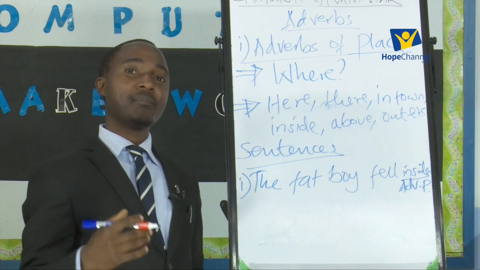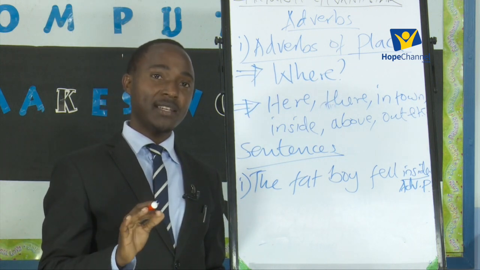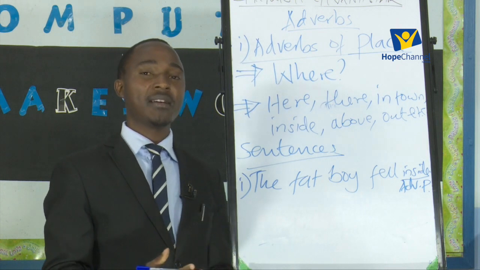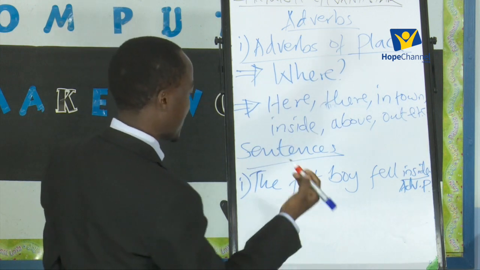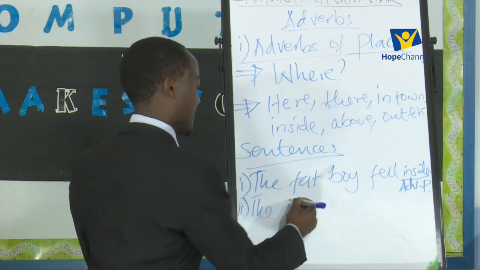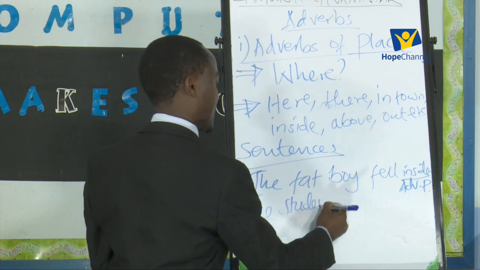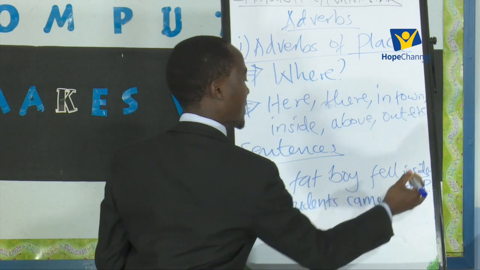Where did the boy fall? And the answer is the boy fell inside. So inside tells us where the action of falling took place. Another example, in a sentence, we can say the students came in.